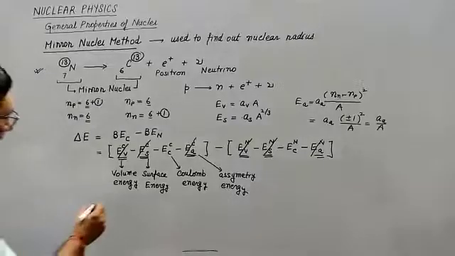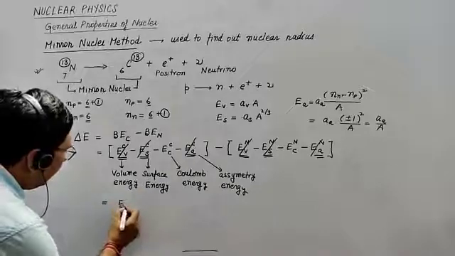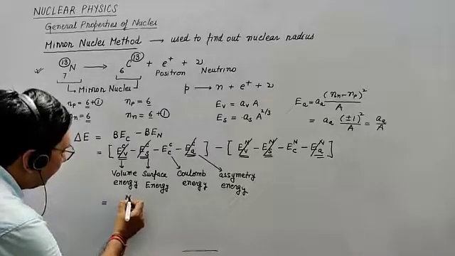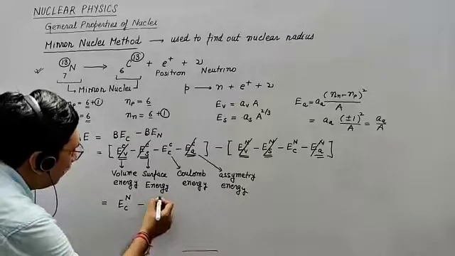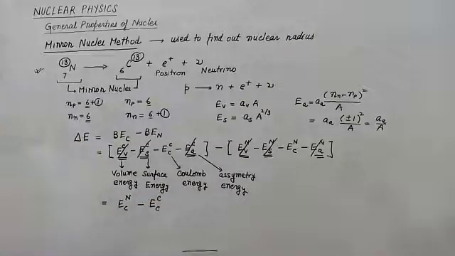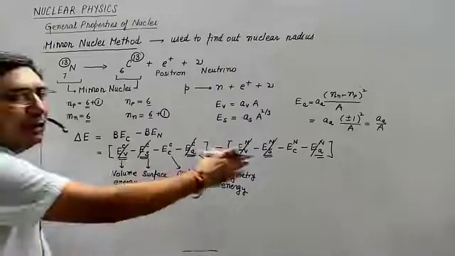And what will be left here? It will be the Coulomb energy term for N13 minus the Coulomb energy term for C13. So the volume energy term, surface energy term, and asymmetry energy term will be cancelled out for both the nuclei.